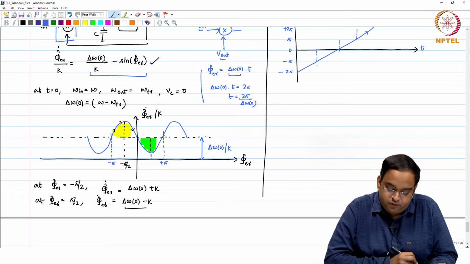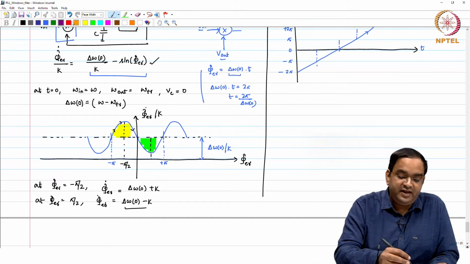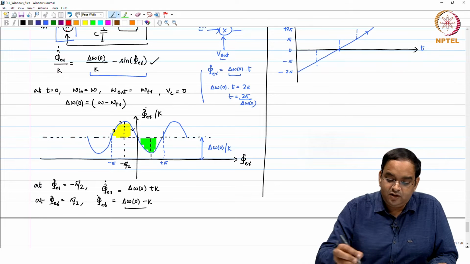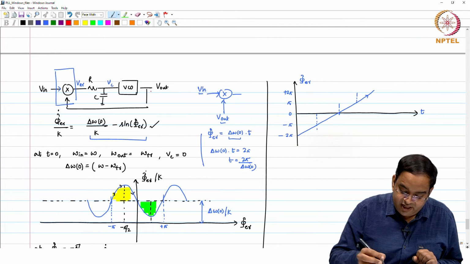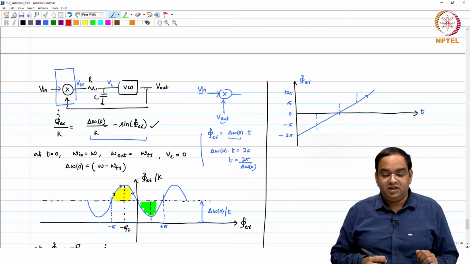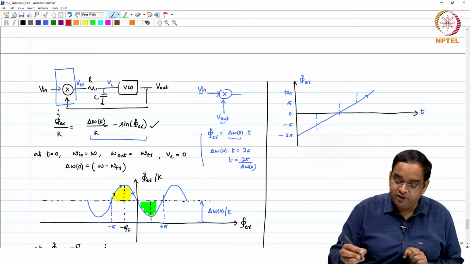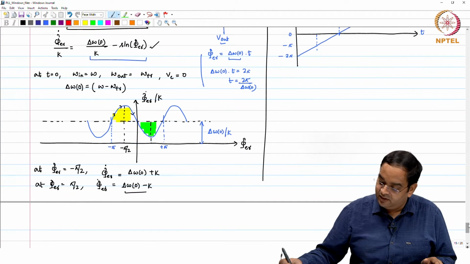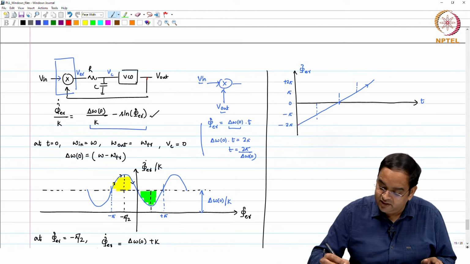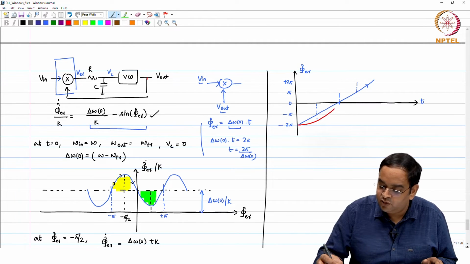Okay. So, if we look at the phase error in the closed loop, or in the loop where our V out is affecting the mixer input, what we will see is that the phase error may start from some value and then it increases slowly and then it may lead to 0 here.